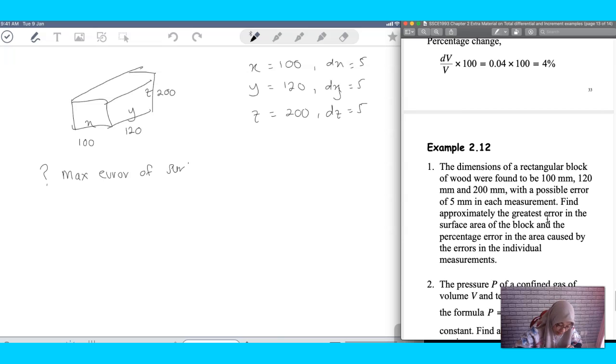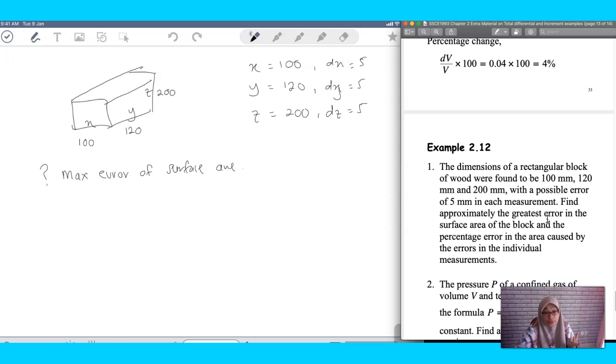If they were asking for volume, for example the maximum error of the volume of a cone, then you would have to find the function or equation of the volume. Now they ask you about the surface area.